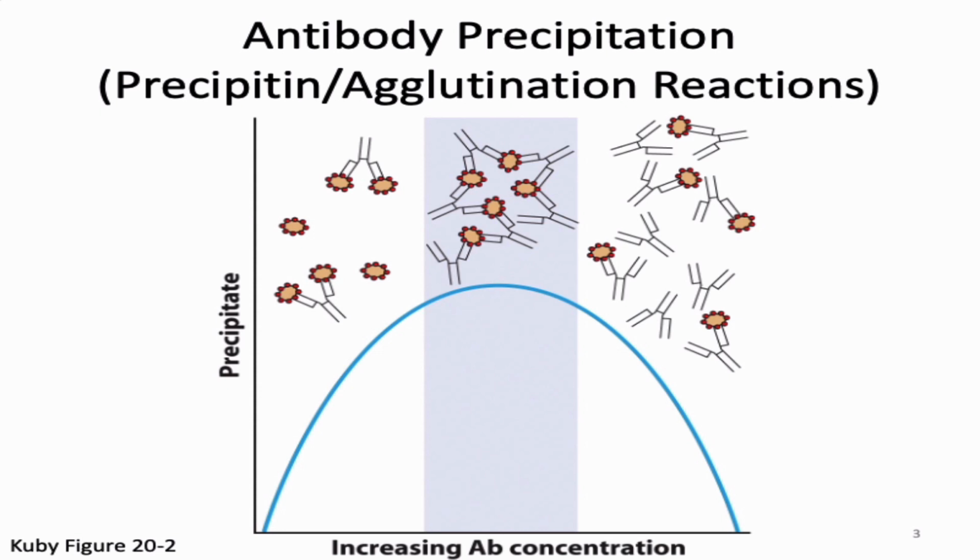If you have no antibodies or few antibodies, then you don't really get the clumping. This would also be true if you had 0 antibodies. If we have very few antigens or no antigens, you don't get the clumping. But if you have just the right combo of these, you get a clump. So you don't have to do anything special to your antigens or your antibodies. You literally put them together and look and see if you get clumpy stuff.